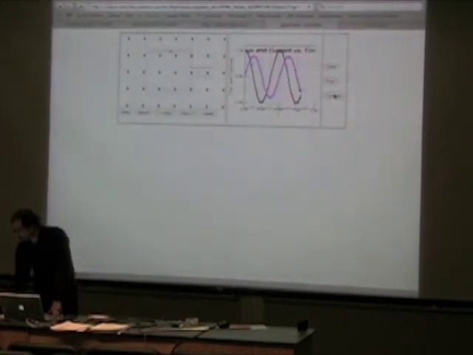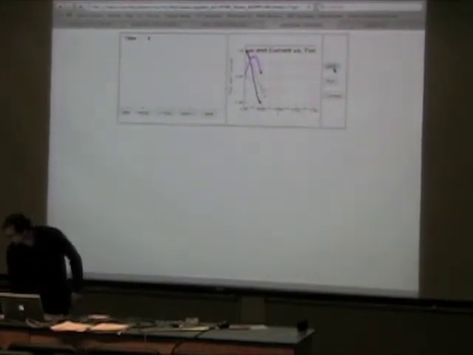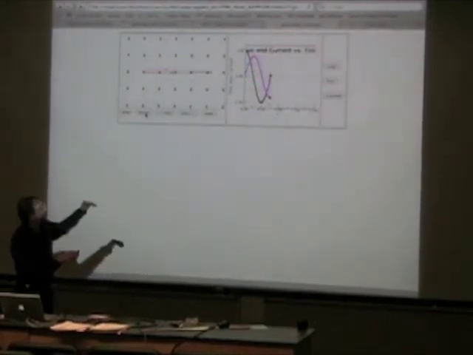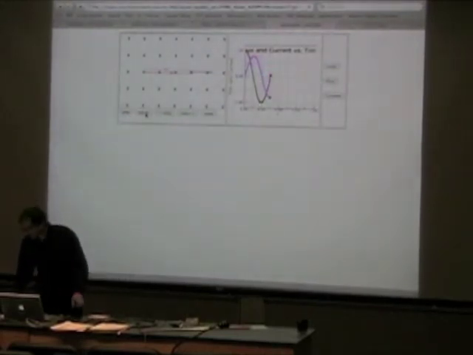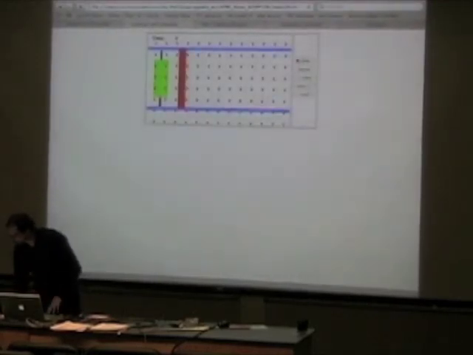And if we look at these two graphs again, we can see, for example, that when the flux is zero, the current is at its maximum, and when the current is zero, the flux is at its maximum. Because of Faraday's law, actually.